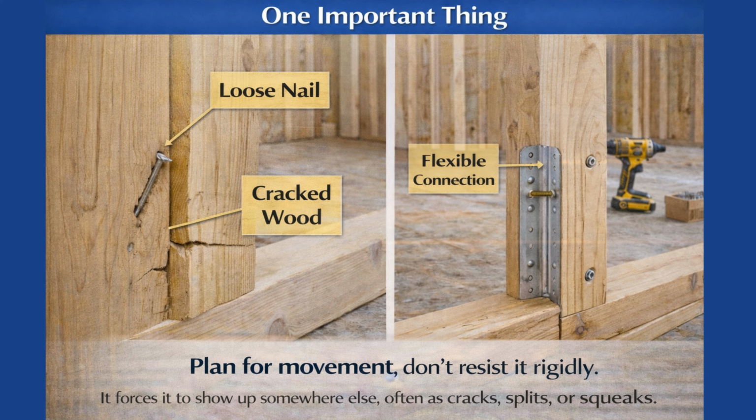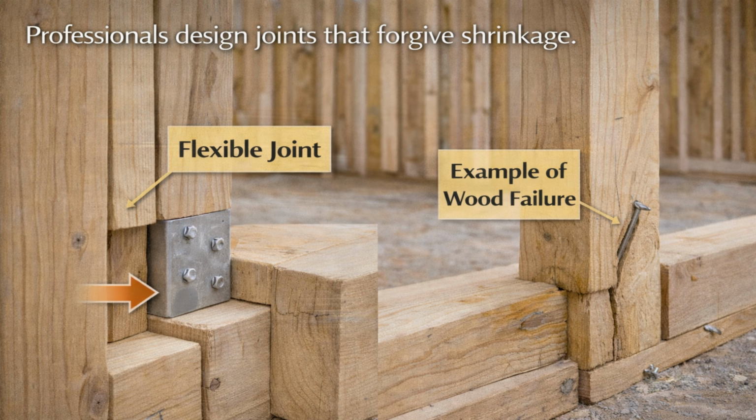It forces it to show up somewhere else, often as cracks, splits, or squeaks. Professionals design joints that forgive shrinkage, select fasteners appropriately, and avoid rigid detailing in assemblies that will inevitably move. This is not weakness, it is control. When moisture behavior is understood, most common wood failures stop being mysterious.